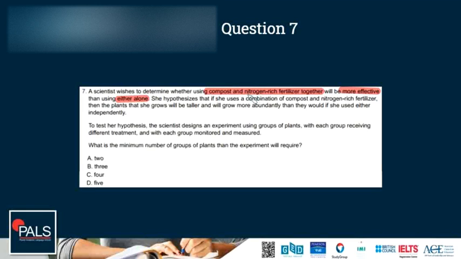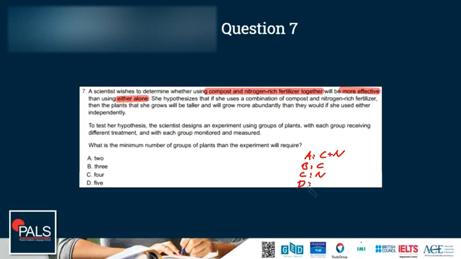And we need definitely to check whether one of them alone, compost on its own or nitrogen-rich fertilizer on its own, will yield a better result. So these are 3 groups for now. So we have, let's call it our group A, compost plus nitrogen fertilizer. Group B, only compost. Group C, only nitrogen. Well, is there another group missing that we should include in this experiment? The answer is yes. We need one last group.